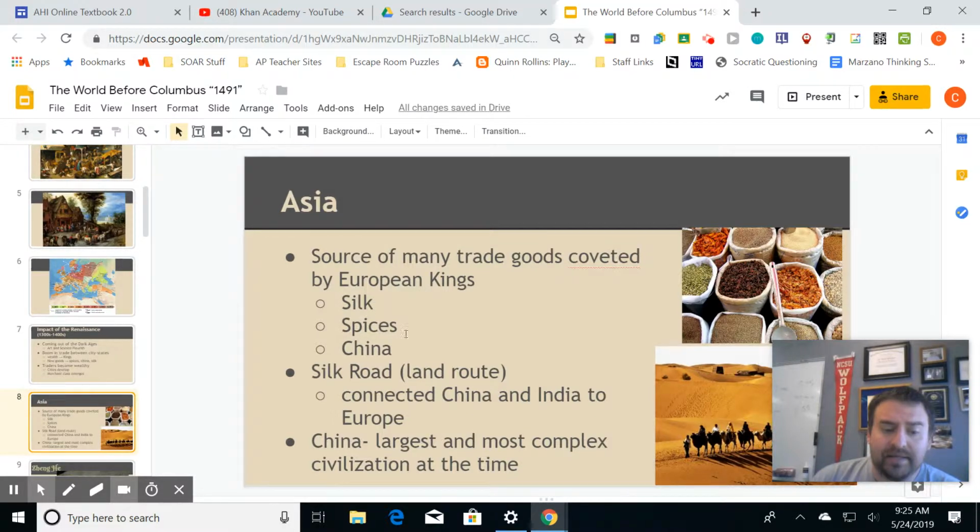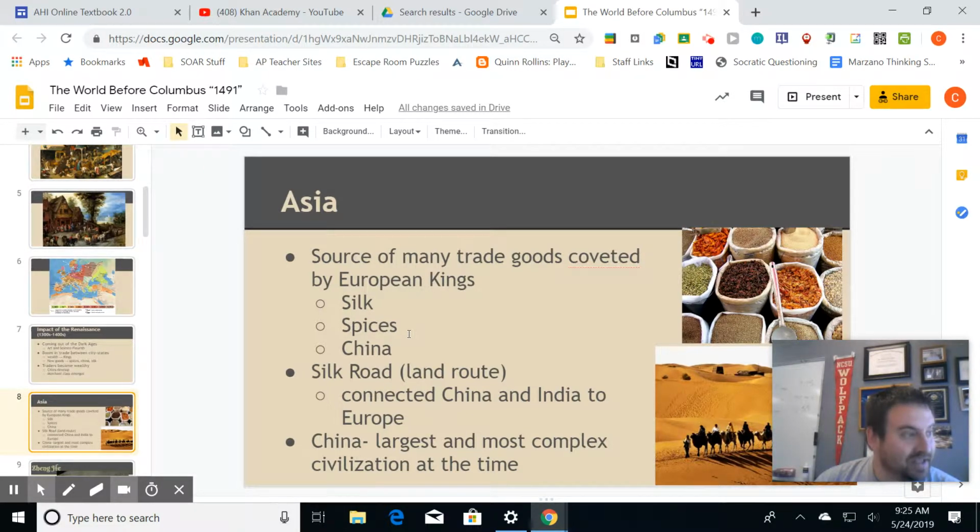Spices. So the spices, what we're talking about with spices, we're talking about cinnamon, we're talking about nutmeg, we're talking about salt and pepper are all going to be coming from Asia, and the reason why they're using it is trying to cover up the taste of kind of putrid meat.